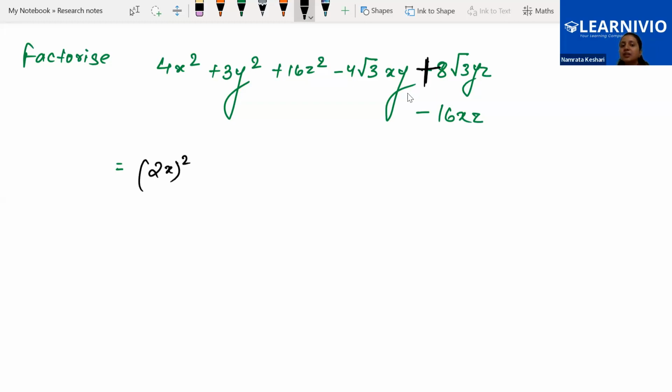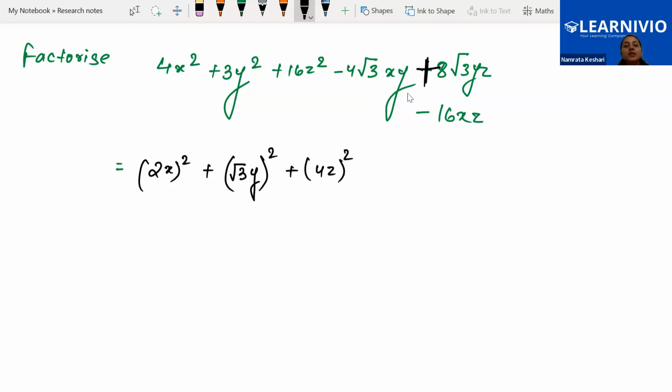2x whole square we can write. Then this one, any number's square. So we know that 3 can be written as root 3, root 3y whole square we can write it. Now which one is positive, which one is negative, still we are not sure about that. We will figure it out later. And then we will put the sign inside the bracket. 16z square we can write as 4z whole square.